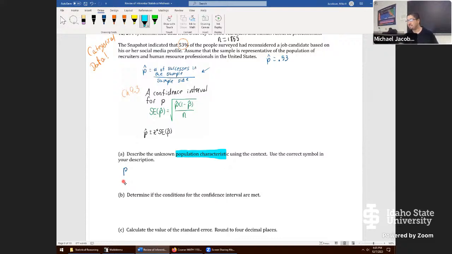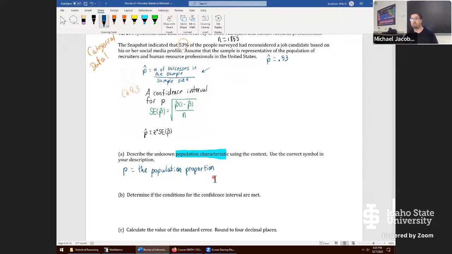If you start off with P, then P is going to be equal to the population proportion. So good idea to pause right here. We need now to think about the original context.